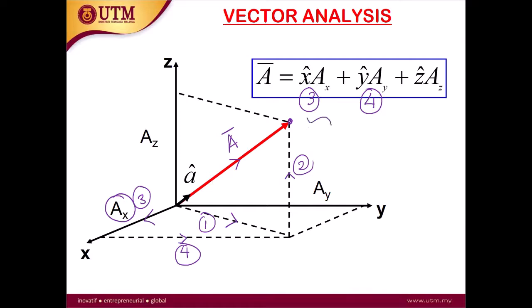So this two combination is vector 1. Then going up is vector 2, which is equal to Az in the direction of z. So this is how we represent the vector A.